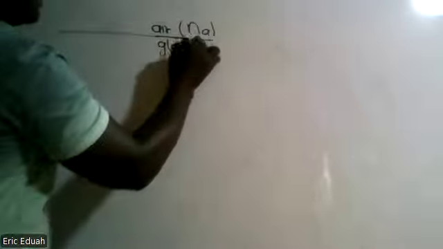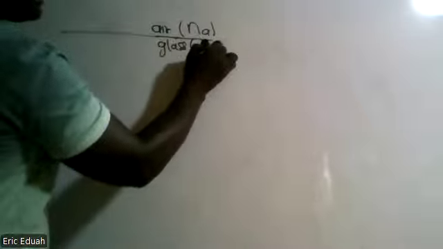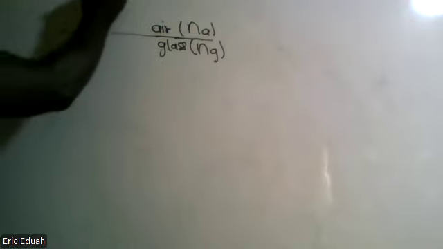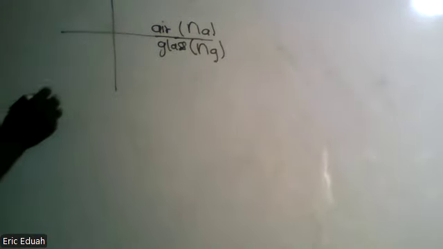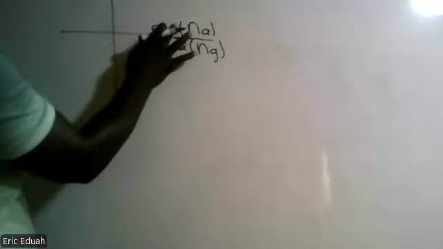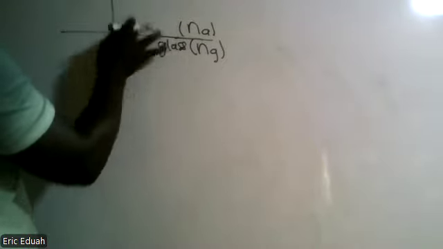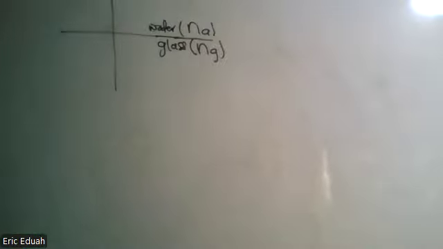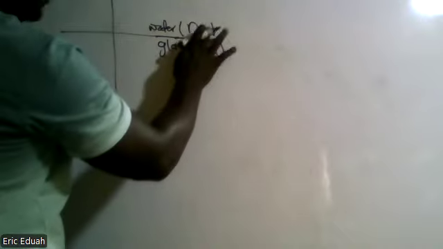Let me use your favorite N. The absolute refractive index of glass, mu G. I'm talking about relative terms, so let me change this to maybe water, meaning we are comparing the absolute refractive index of water to glass.